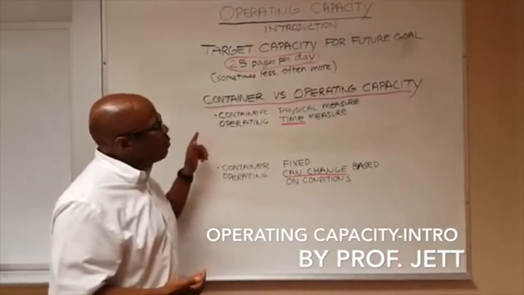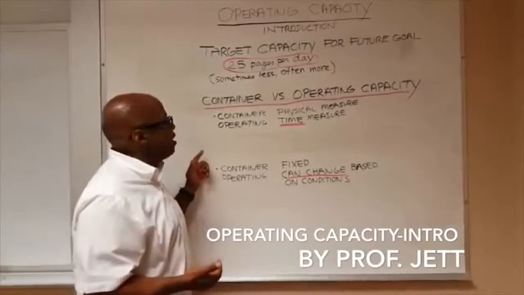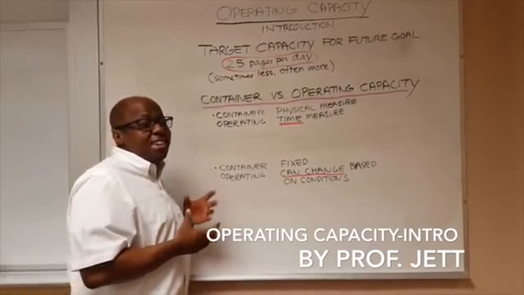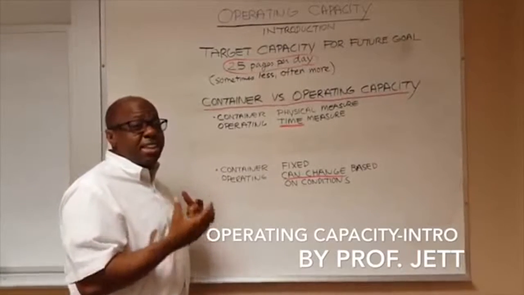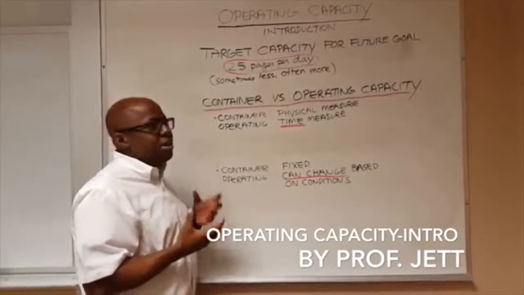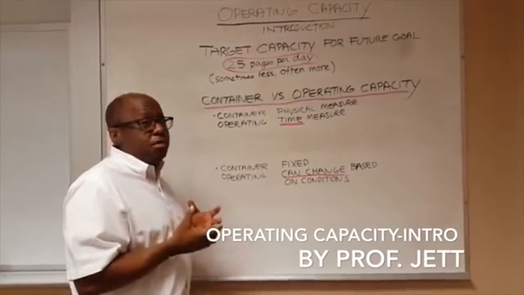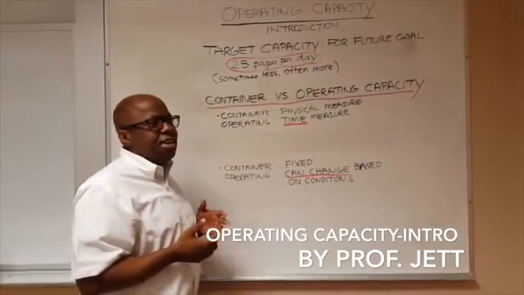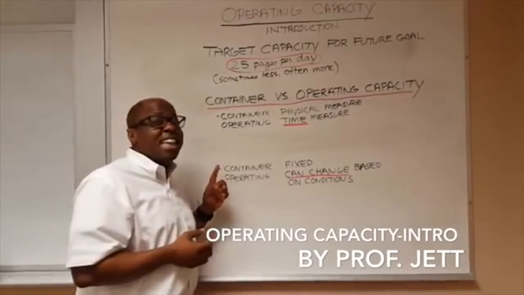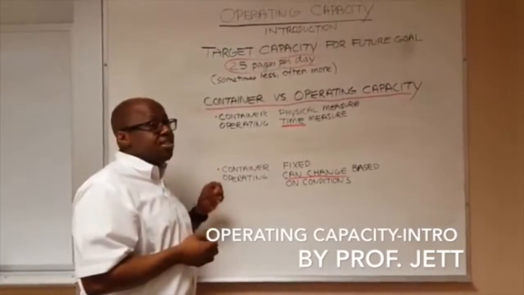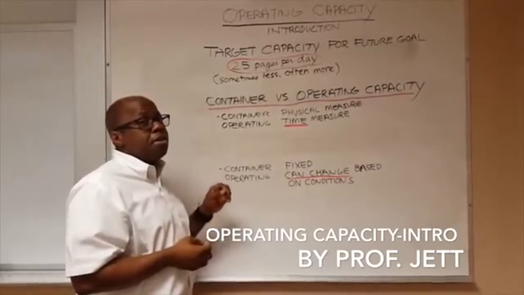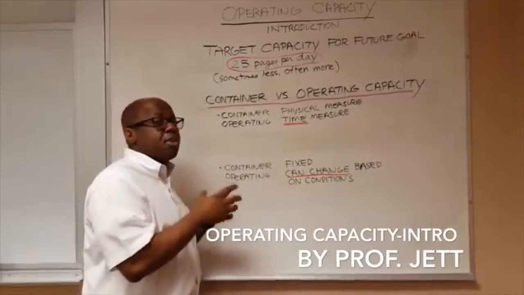So the big difference between container and operating capacity: when you're dealing with capacity as a container, again a cup, a gallon, a liter, that's really a maximum for what something can hold. Whereas with operating capacity, the most important thing is that it's a time measure. It's not just output, it's output per time, how many pages per day.